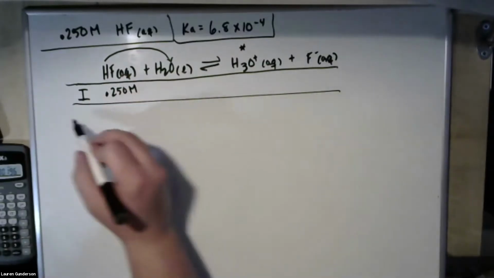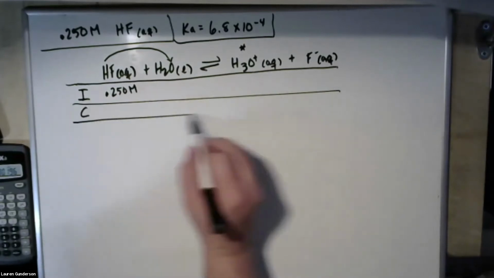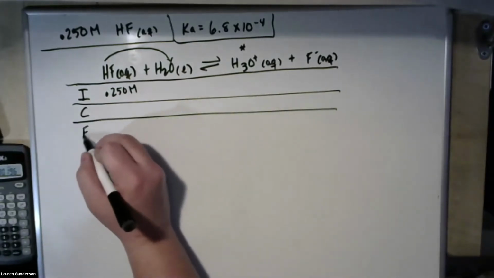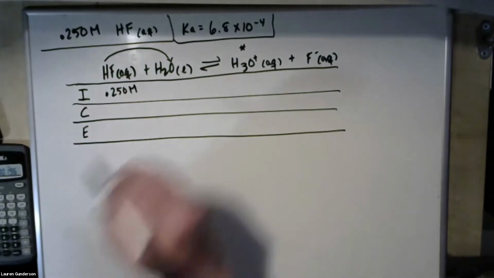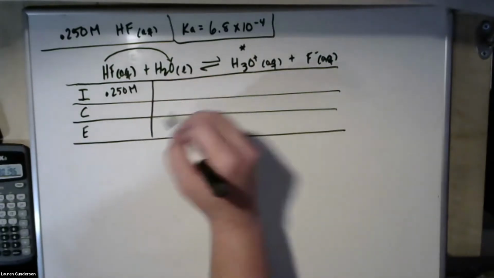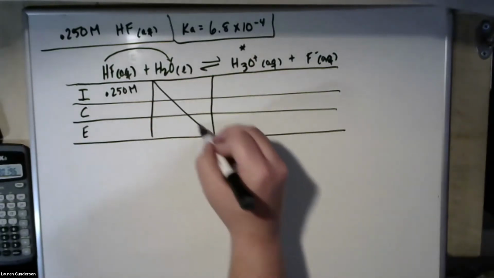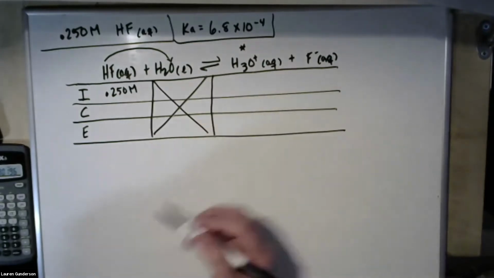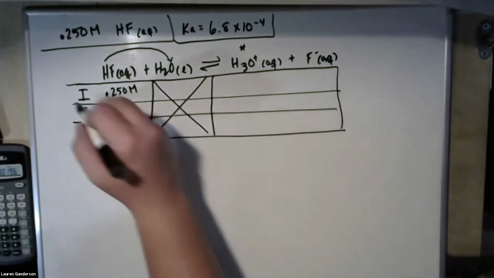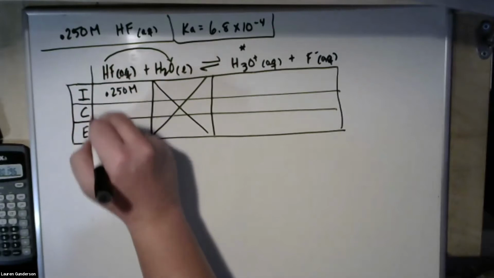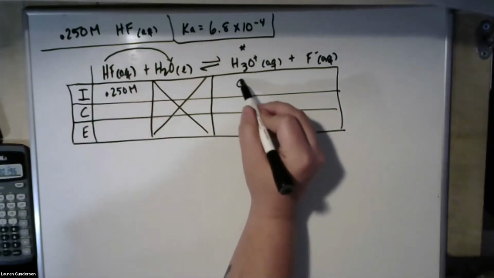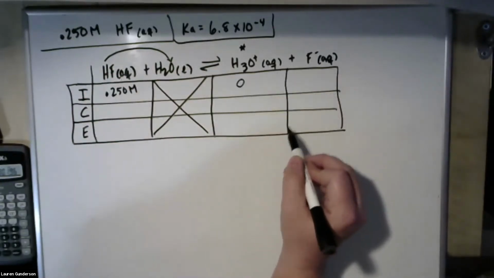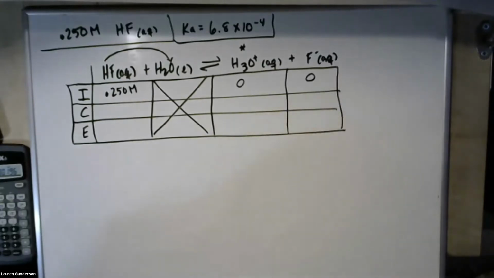And then our change. Again, we'll take this water section and we'll knock it out. Now for our initial amounts of H3O plus and F minus, we'll have zeros.